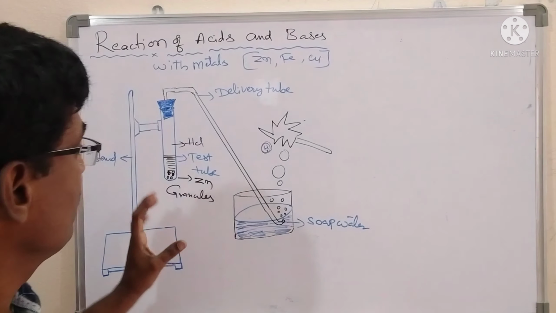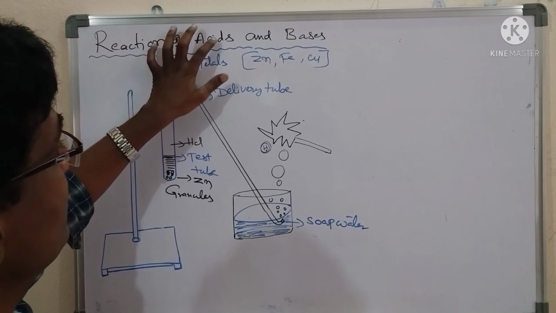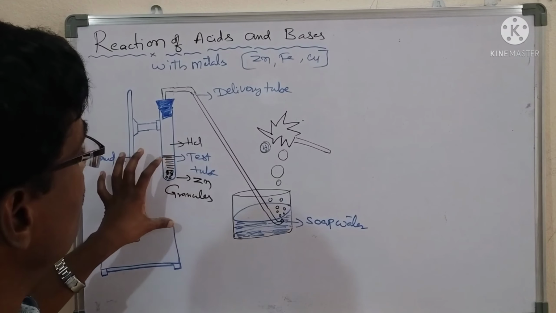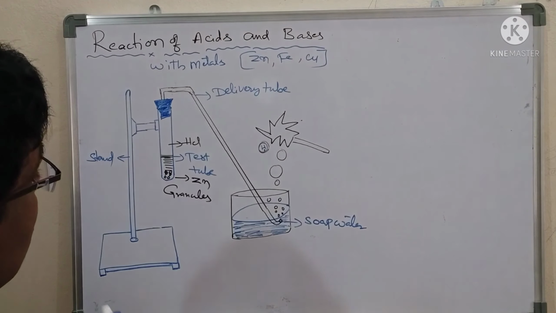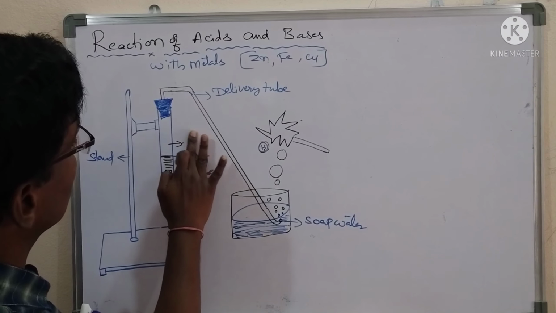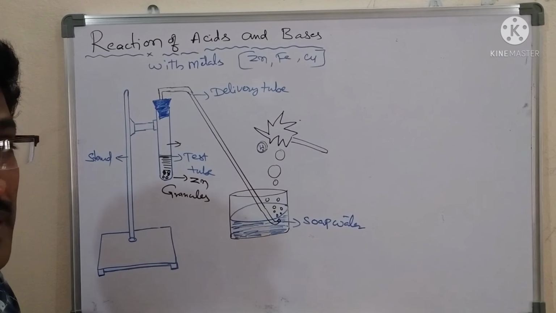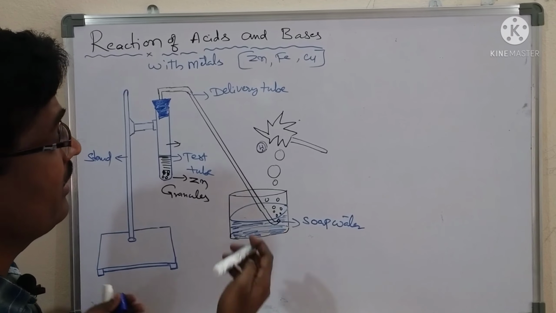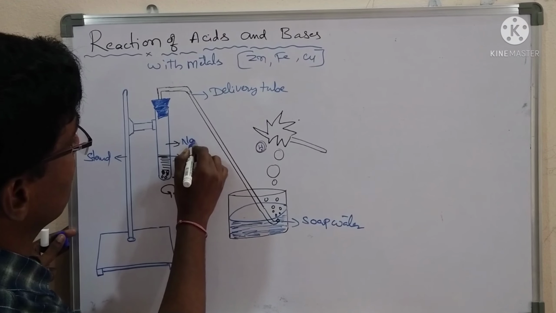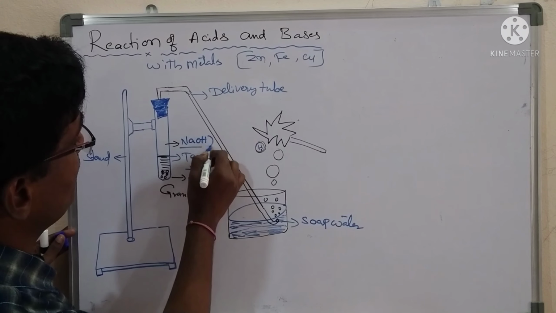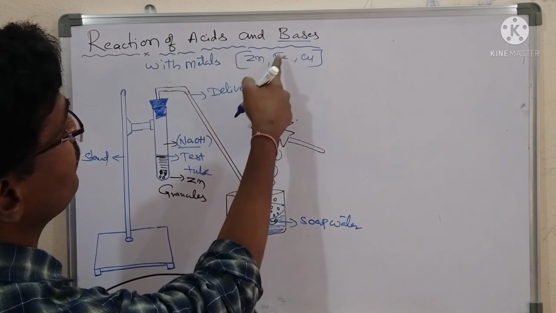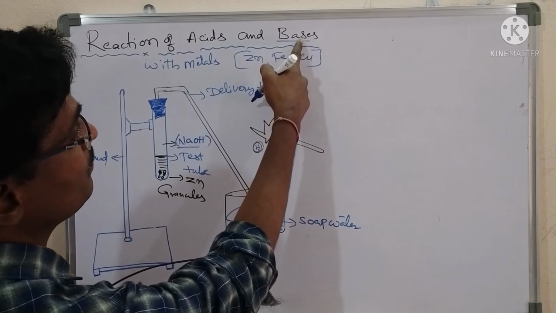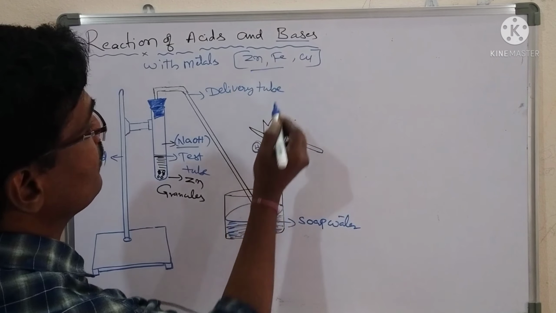Look at the diagram. We have the same diagram. Now instead of hydrochloric acid, we have to take 10 ml of sodium hydroxide, which is a base. Earlier we completed acid with the metal. Now we are going to do base with the metal.